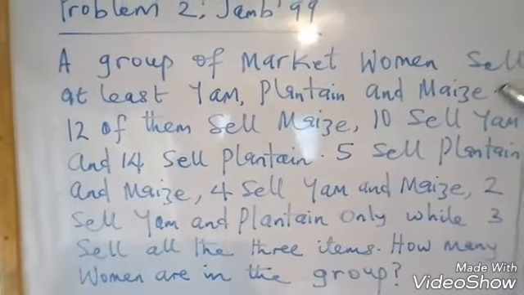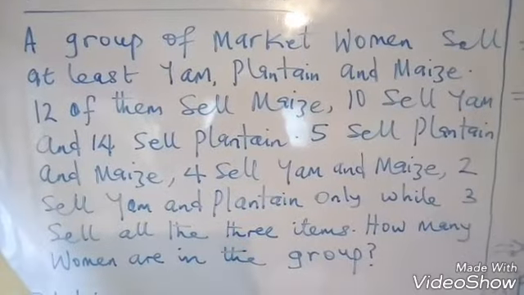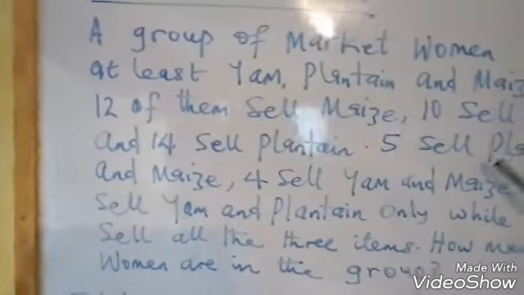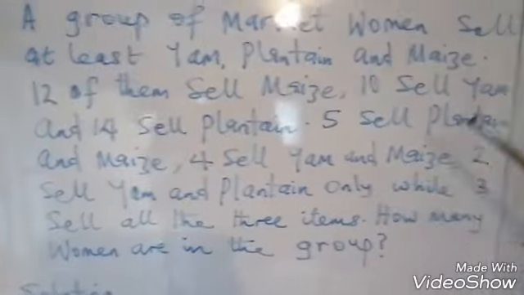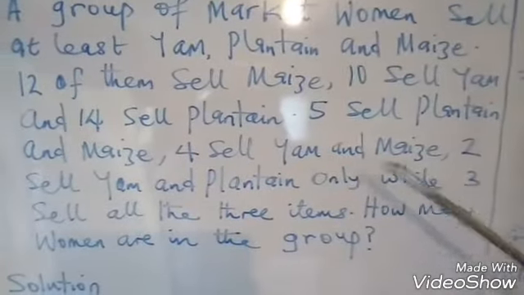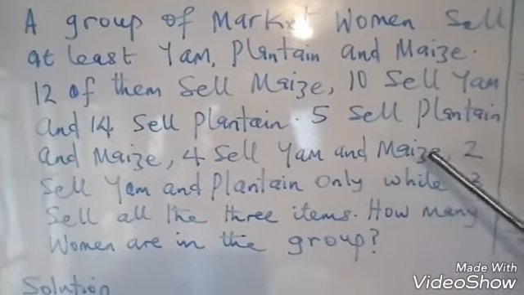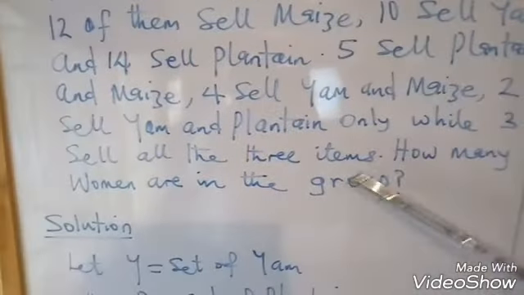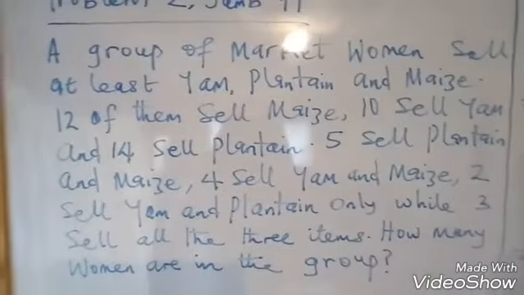A group of market women sell at least yam, plantain, and maize. 12 of them sell maize, 10 sell yam, 14 sell plantain, 5 sell plantain and maize, 4 sell yam and maize, 2 sell yam and plantain only, while 3 sell all the 3 items. How many are in the group?